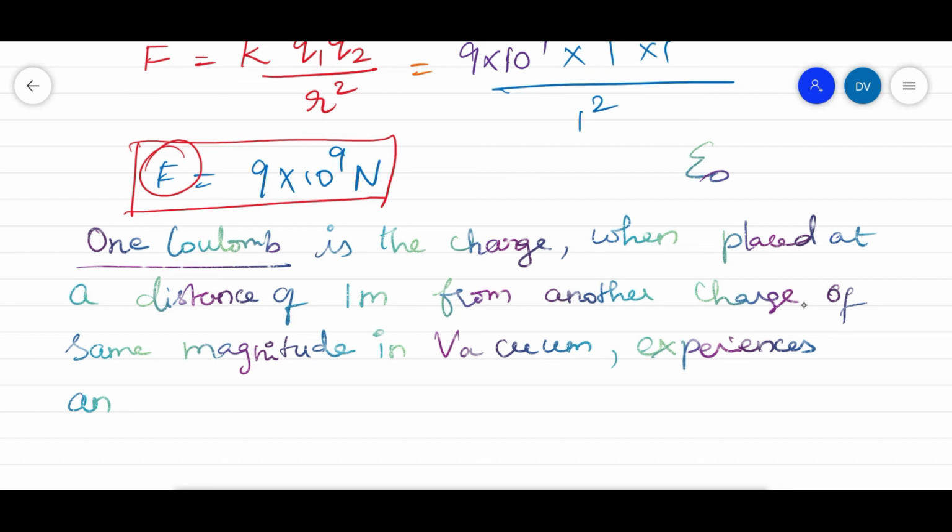That's why we use epsilon naught in vacuum. It can be anything based on what kind of charges you are taking into account.